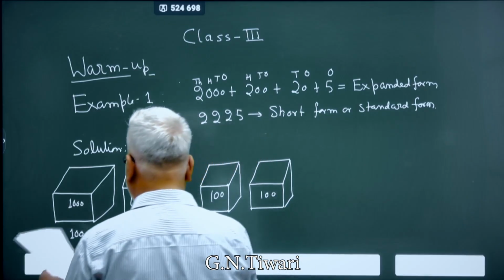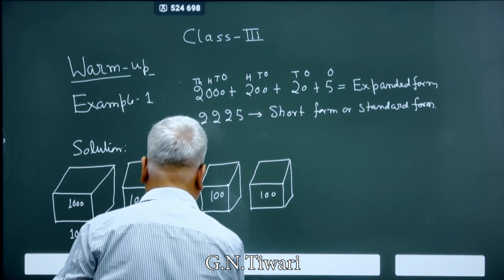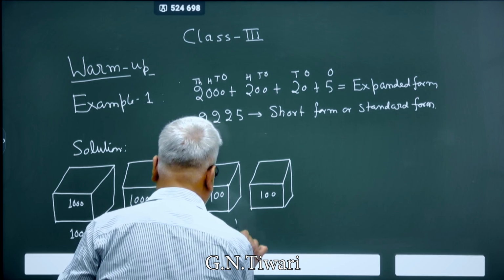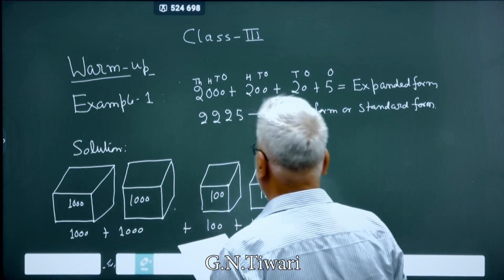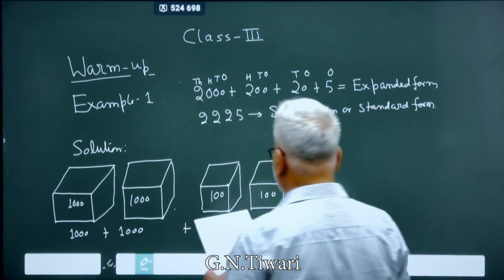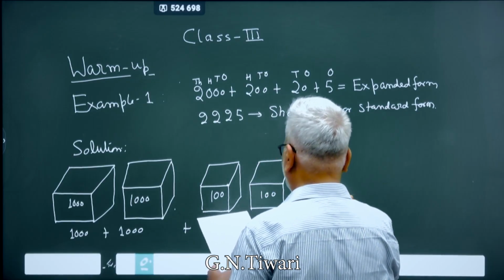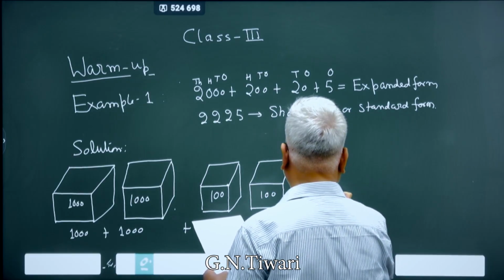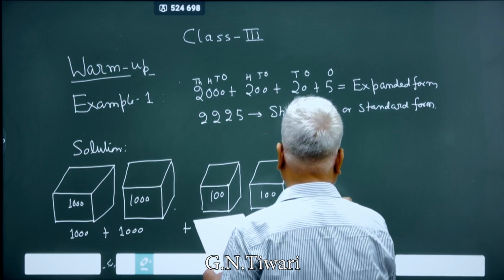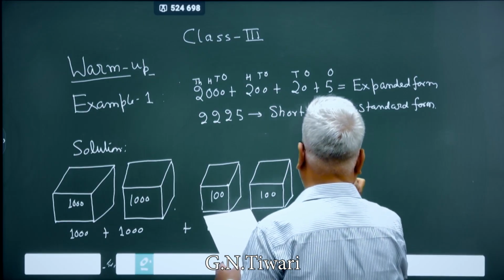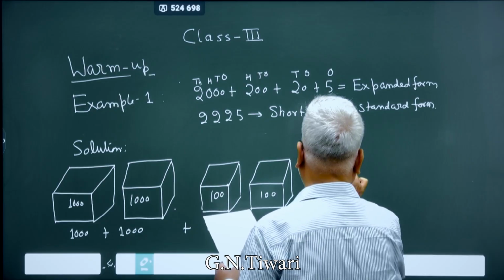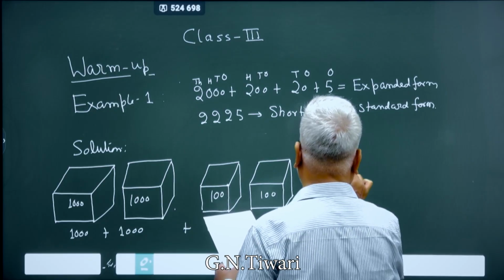So 2000 plus 200. Now 25. For 25, you can make a smaller cube. Yeah, you can make it like this. It is easier to make this.